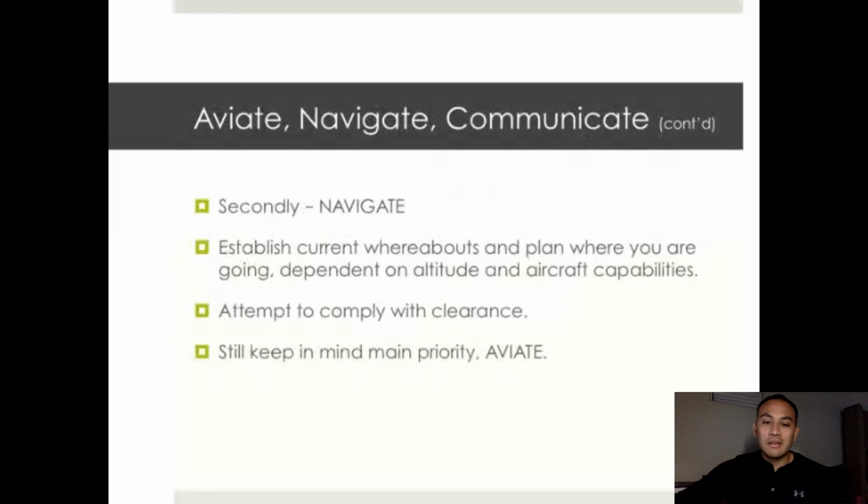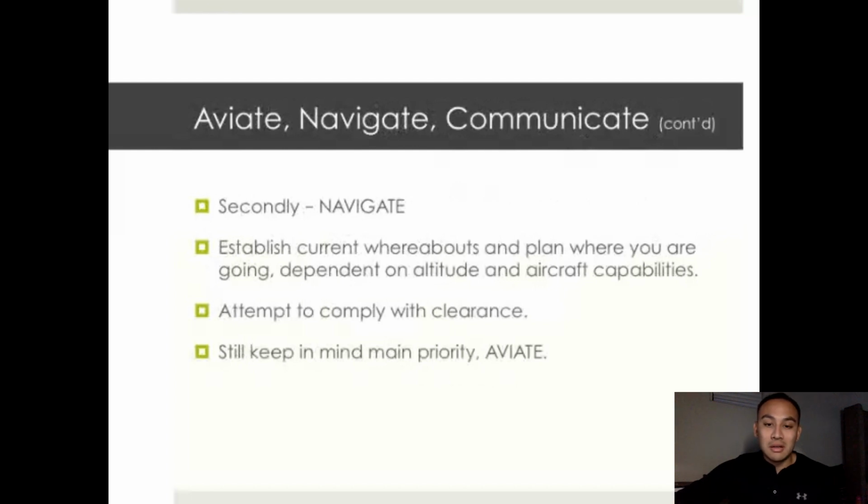In the event of any in flight emergency, your nerves will definitely be going. And once you have the aircraft stable and you realize what you need to do, secondly, you want to navigate, all while aviating at the same time. You should be looking around, wondering where you're going to put down the aircraft depending on the emergency at hand.